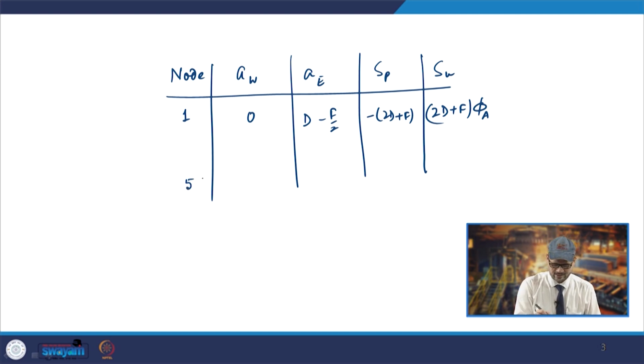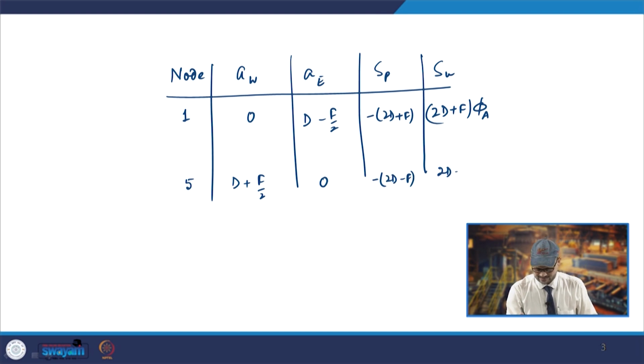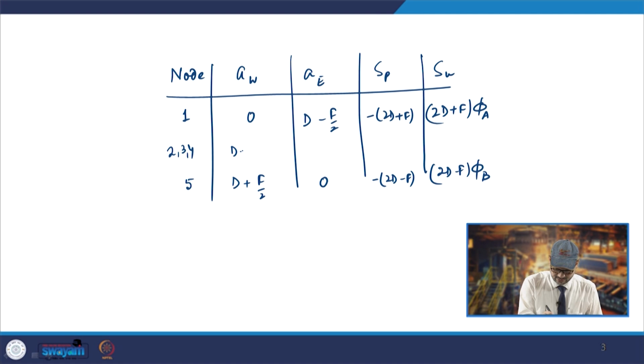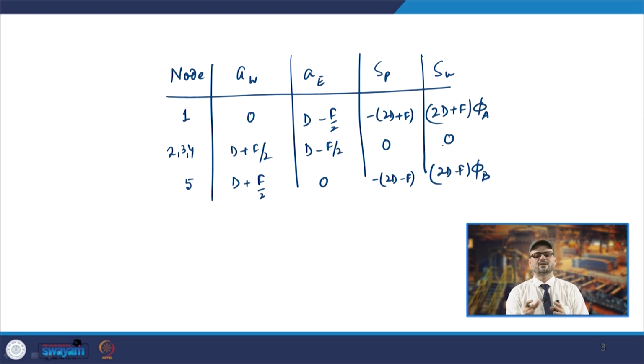Similarly, at node 5 you will have Aw as D plus F by 2, Ae as 0, Sp as minus of (2D minus F), and Su as (2D minus F) into phi B, and that is because of the boundary conditions which are imposed. For nodes 2, 3 and 4 you will have D plus F by 2 and D minus F by 2, with Sp and Su as 0 and 0. That is the common form, Ap phi p equal to Aw phi w plus Ae phi e.